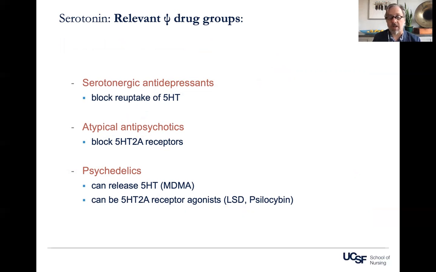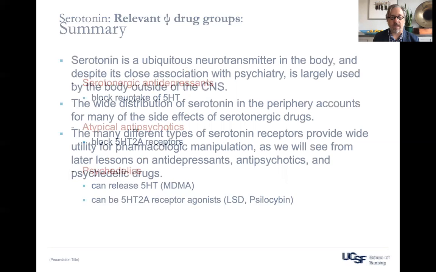But also we block specifically the serotonin 2A receptors with atypical antipsychotics to help increase dopamine release in key parts of the brain. As I mentioned, psychedelic drugs can have either a directly serotonin-releasing effect, as they do with MDMA, or can be agonists on the serotonin 2A receptor, as is the case with psilocybin and LSD.